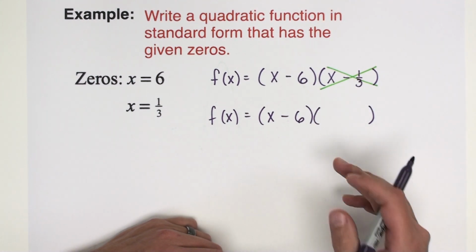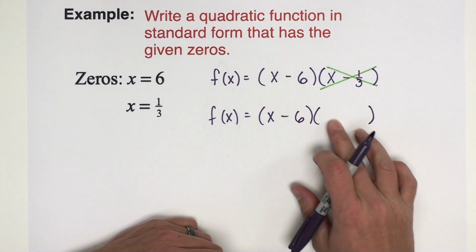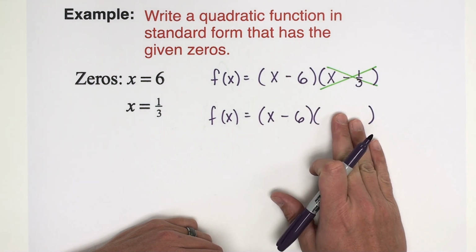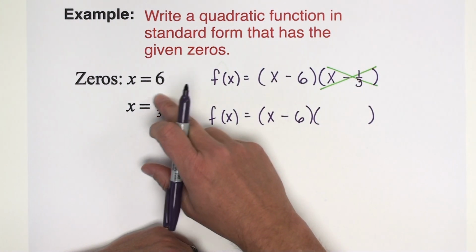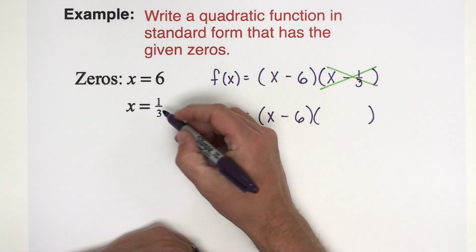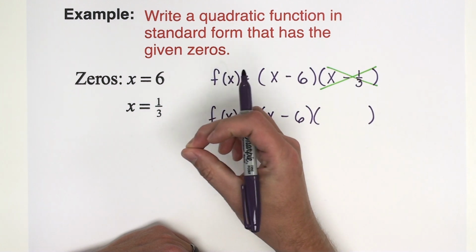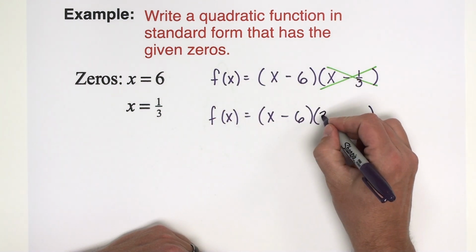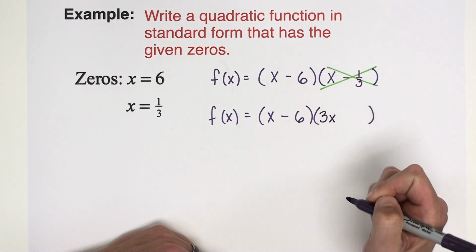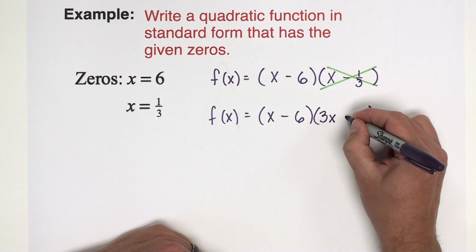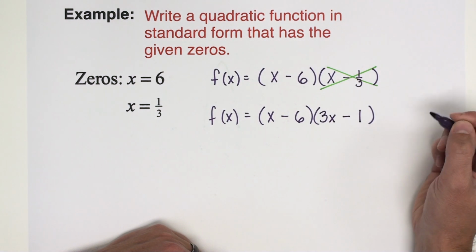All right, think about solving this as an equation, right? If I had an equation here inside this parentheses equal to 0, how do I get 1/3? Well, to get this 3 in the denominator has to finish with a division by 3. So I'm going to have a 3 in front of the x. And then to get this positive 1, I would have had to have a negative 1.